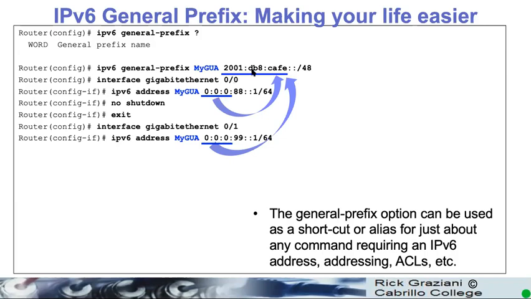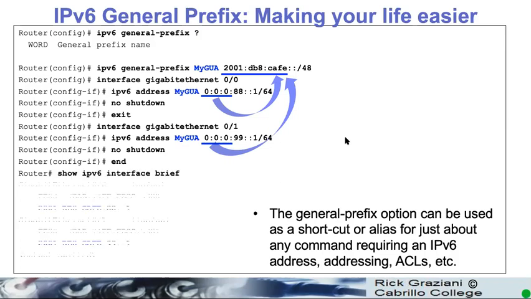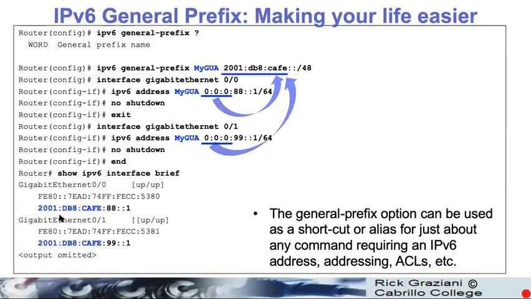These 48 bits here are the global routing prefix, and this is how we're subnetting it further. I'll do a no shutdown and show ipv6 interface brief. Now notice it shows the 2001:DB8:CAFE. What I have done with my GUA is 2001:DB8:CAFE. That's what's being shown here. Here are our subnet IDs.